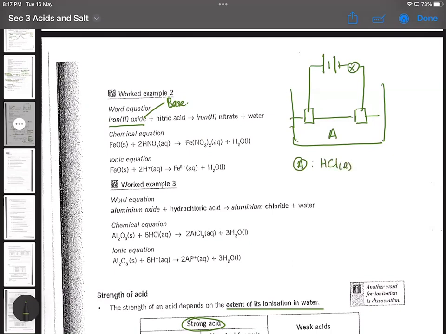If it's HCl liquid state, we call this hydrogen chloride. Clarice, do you think this substance, when it's substance A, will the lamp light up?